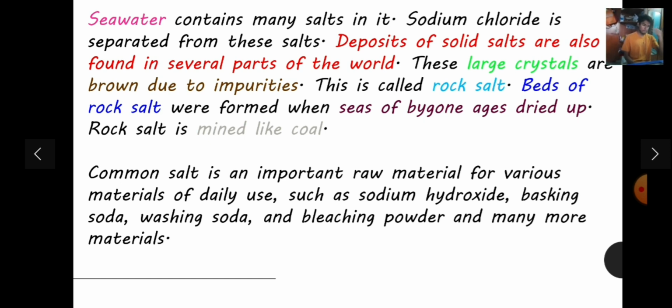Some of the materials that can be formed are sodium hydroxide, baking soda, washing soda, bleaching powder, and many more. So we are now going to learn the preparation methods of sodium hydroxide, baking soda, washing soda, and bleaching powder, and also their uses in day-to-day life.